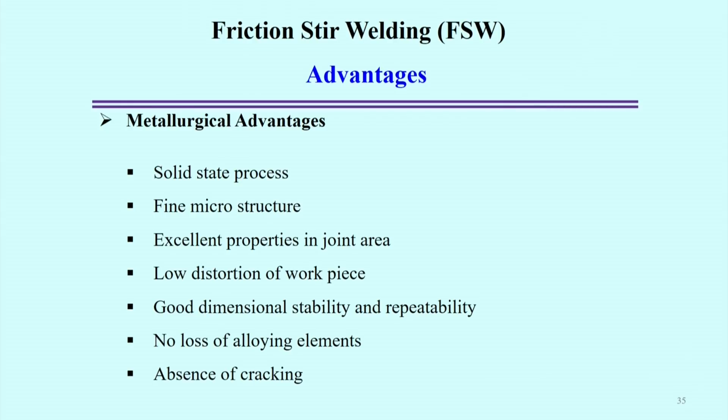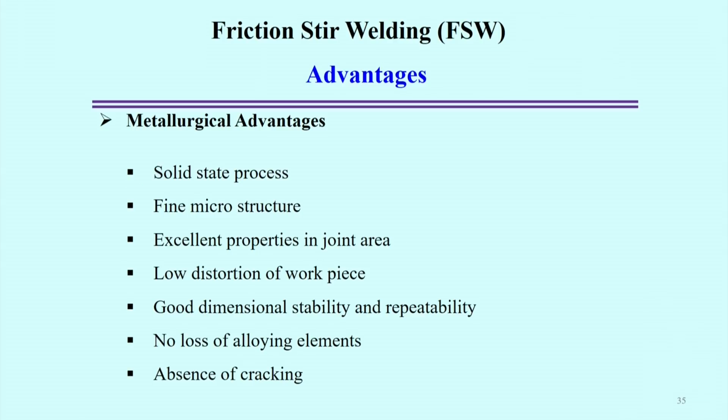Normally, in the case of aluminum or aluminum alloy, we can find continuous dynamic recrystallization. Due to this grain refinement mechanism, very fine grain can be produced within the structure. So, fine microstructure is one added advantage in the FSW process as compared to other welding processes.